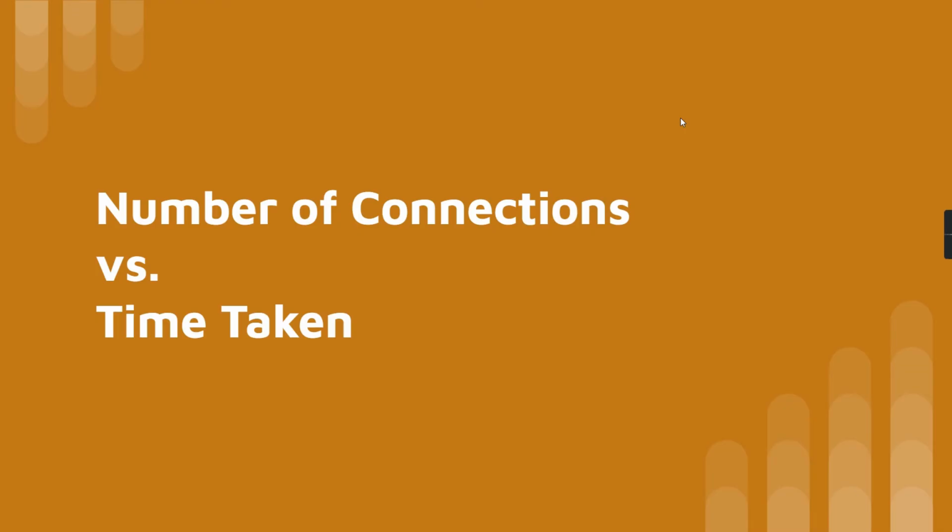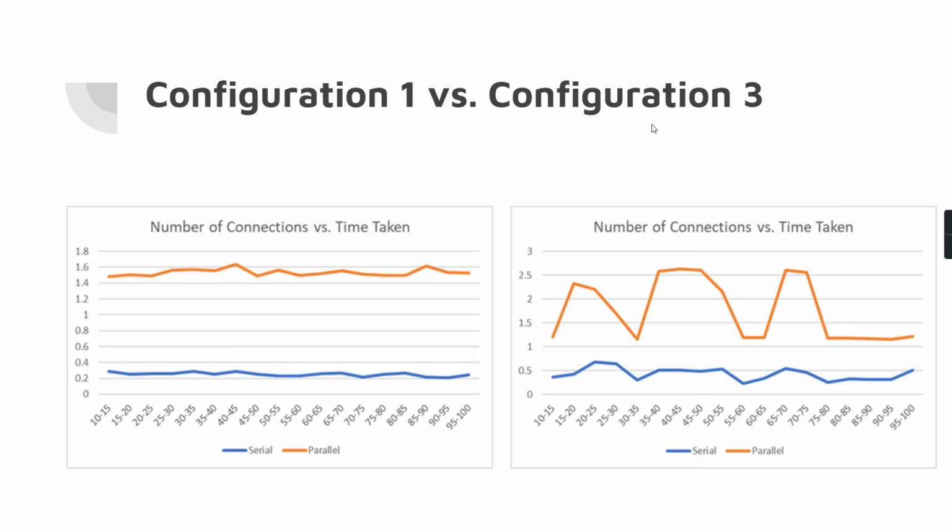We also checked the number of connections versus the time taken, the number of connections that each node has, and in these charts, you can see that, again, the serial was much faster than the parallel for configuration 1, which is on the left, and also in configuration 3, which is on the right.